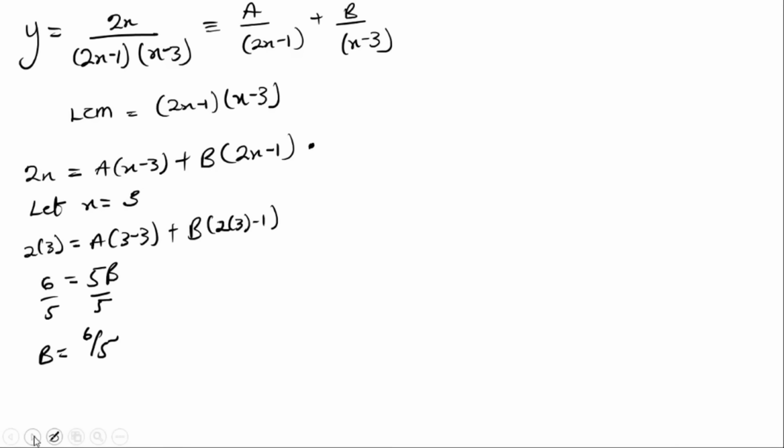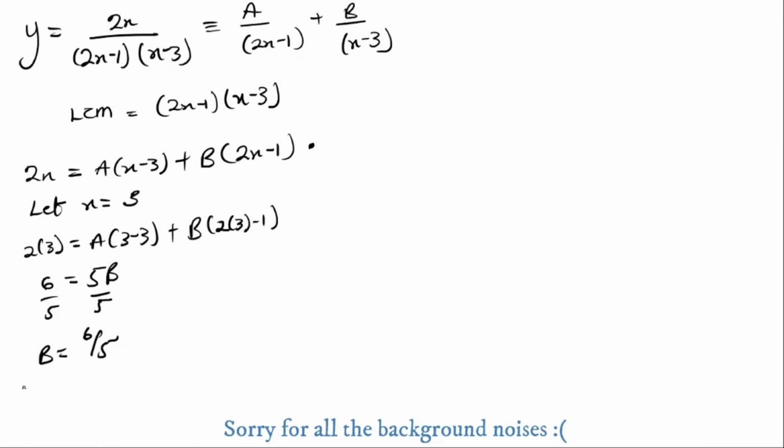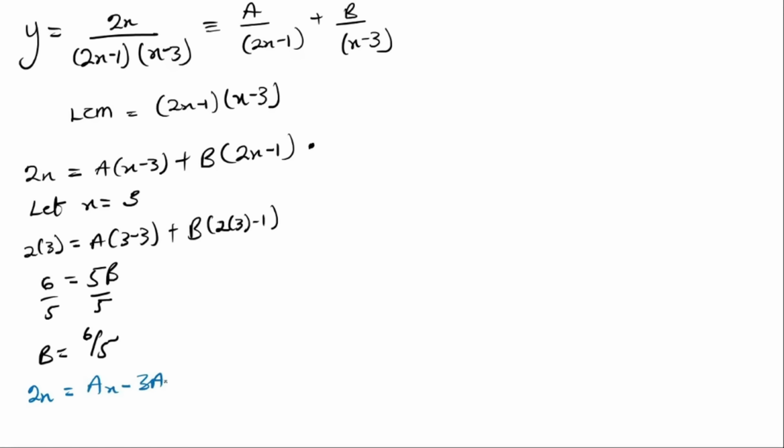So doing that, let's expand this entire function that we have over here. So let me use another color for that. Let me use deep blue over here. So we have the 2x from here is equal to, we multiply through, we get ax minus 3a. Then plus, we do this, we get 2bx minus b. Alright, so it means we have 2x is equal to, we have x over here, so we group them.